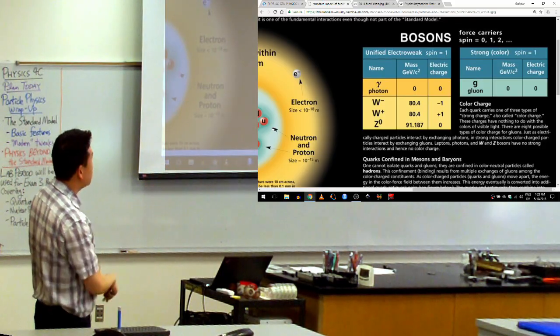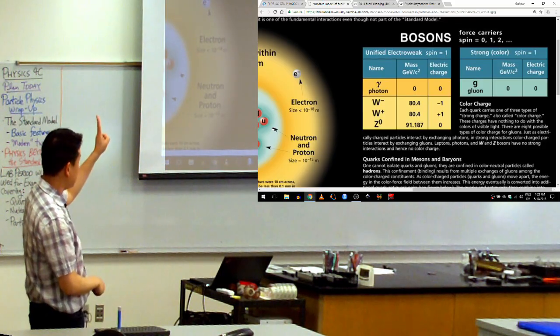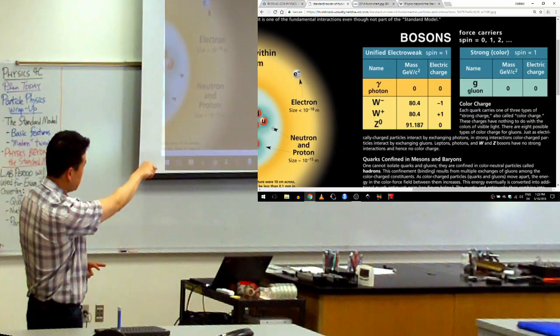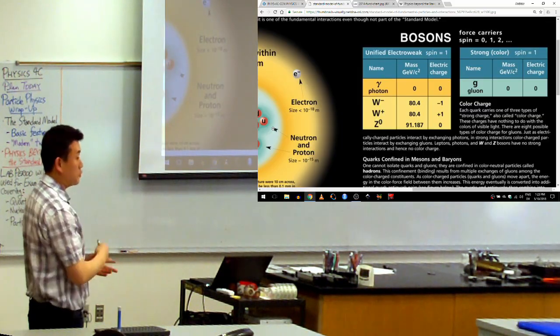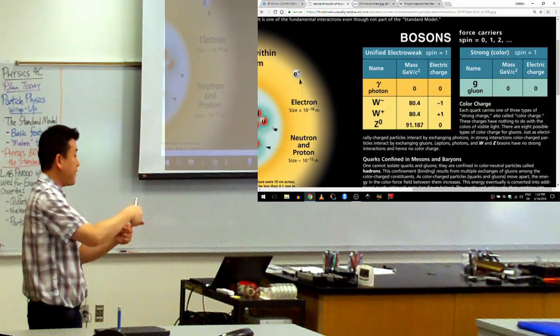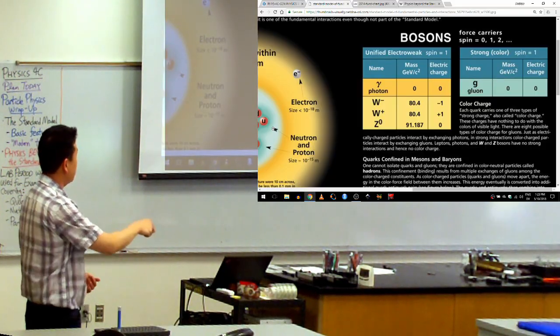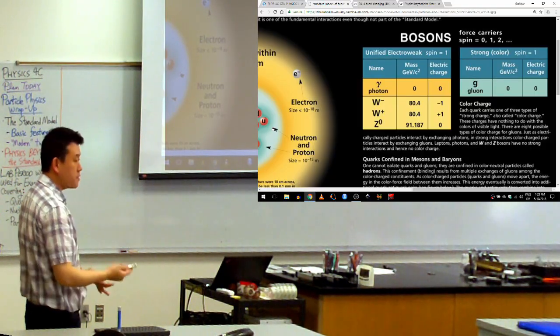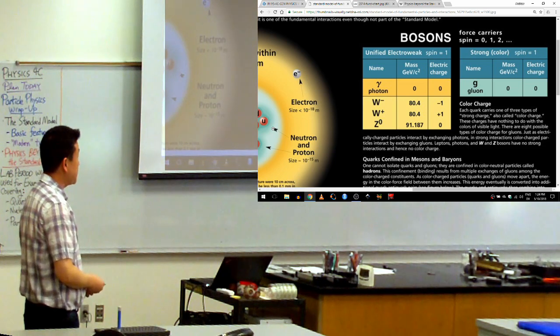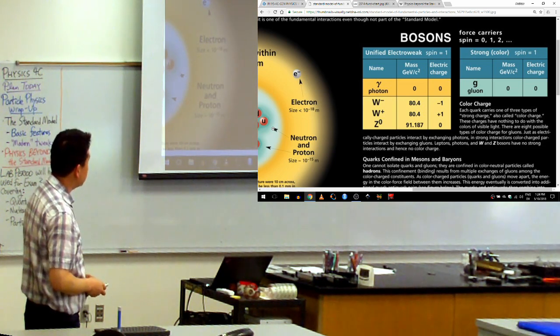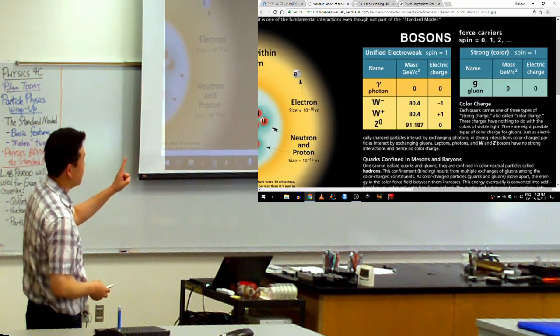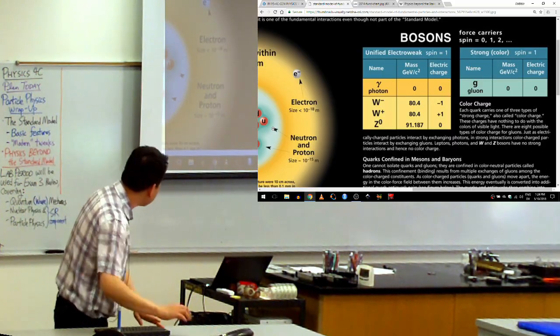And for whatever reason, on this table at least, they are listing both the particle and antiparticle, because the charged W bosons are antiparticles of each other, and the photon is its own antiparticle. Two photons can annihilate each other. And the neutral Z boson is also its own antiparticle. Gluon, for whatever reason, they decided to list only one instead of the 8 different kinds that we were talking about last time.